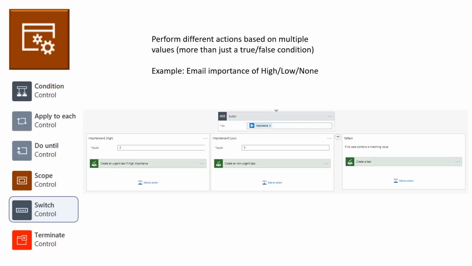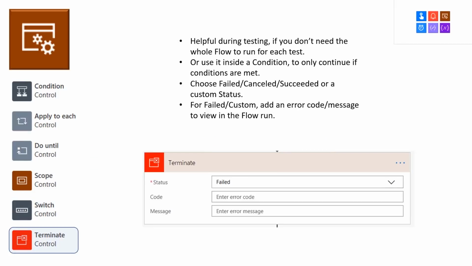Depending on what the importance of the email is, in this case, I'm creating a planner task in different buckets in Planner. But of course, you could do multiple other things. Anything where you have multiple values that you're testing.